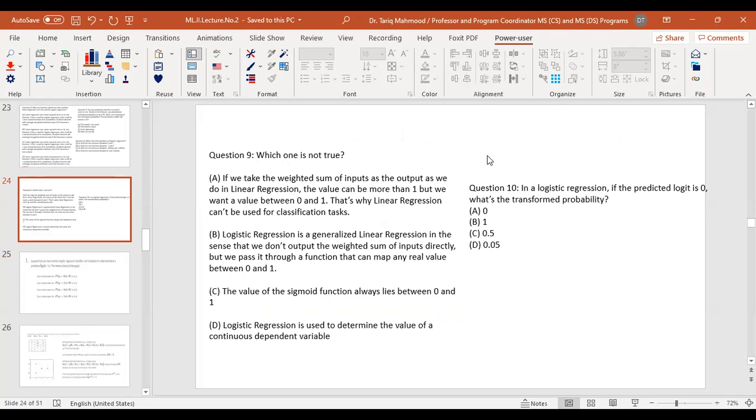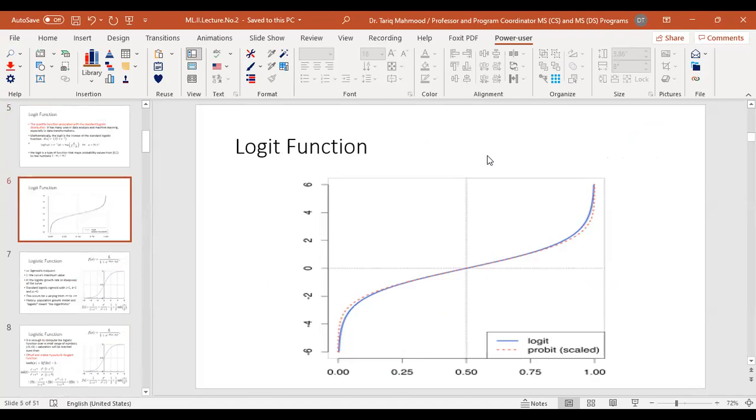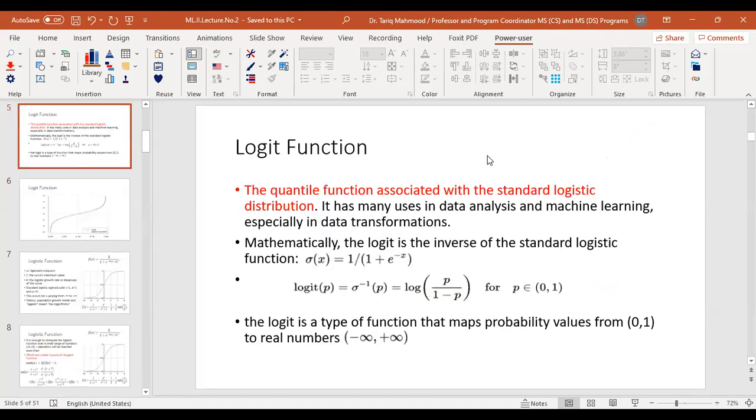Logit क्या था? What was the logit? It was the quantile function. Do you remember the formula for the logit function? No, that was the logistic function. We're talking about the logit function. Logit function has this formula, log p over 1 minus p.